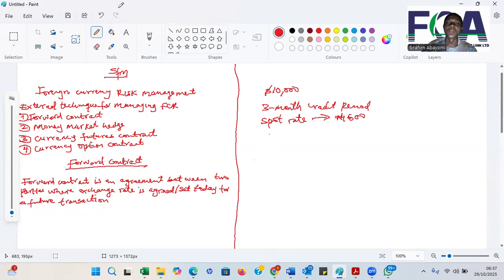Now, my fear is that in 3 months' time, if the naira depreciates, I will be needing more than 1,600 to get $1. Because if naira depreciates, I'll be needing more naira to get $1, so I will spend more naira in order to settle that liability in 3 months' time. Because of this, I can enter into a forward contract where the currency dealer will give me a forward rate.